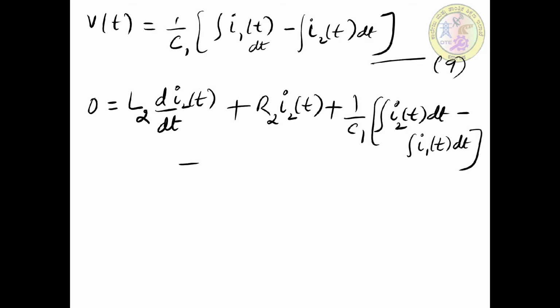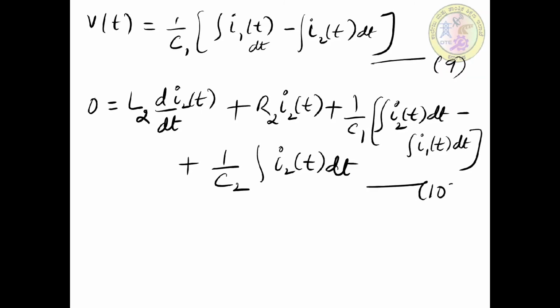Then we have the last term 1 by C2 into integral of I2 of t into dt. This is equation 10. So now using equation 9 and 10 we can write the analogous circuits.